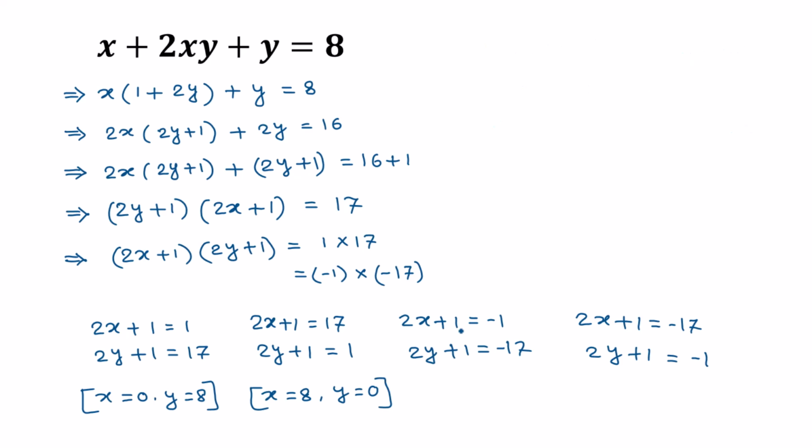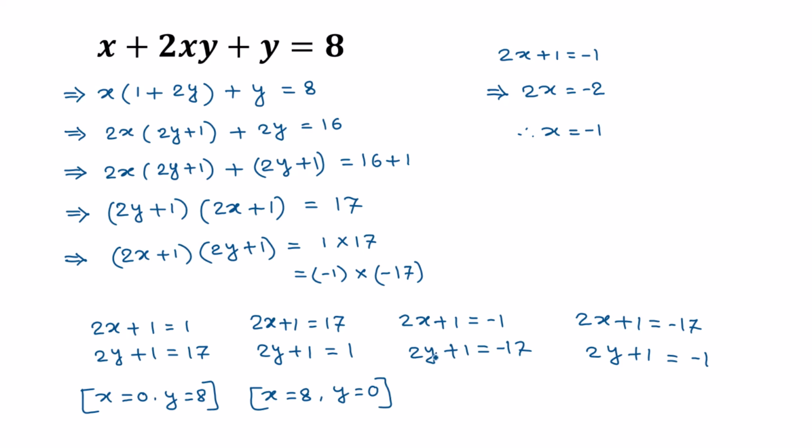So for this case, we have 2x + 1 is equal to negative 1, or taking this 1 to the right side, we get 2x is equal to negative 2, and dividing both sides by 2, we get the value of x is equal to negative 1.